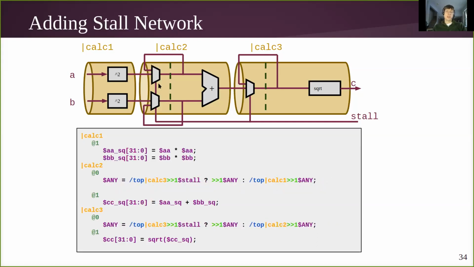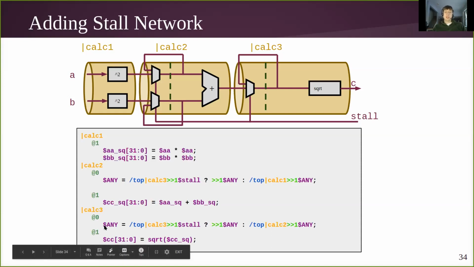So instead of explicitly recirculating a and b squared, I'm going to say that any signals that we need in the first stage of the Calc2 pipeline, we can get by recirculating that value through a mux and pulling from the Calc1 pipeline. I've done the same thing for this recirculation mux for the Calc3 pipeline.